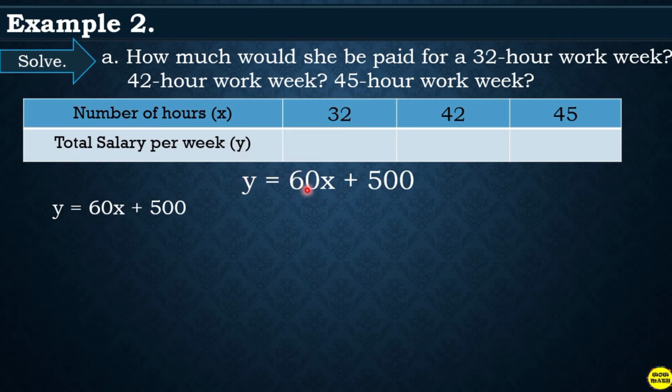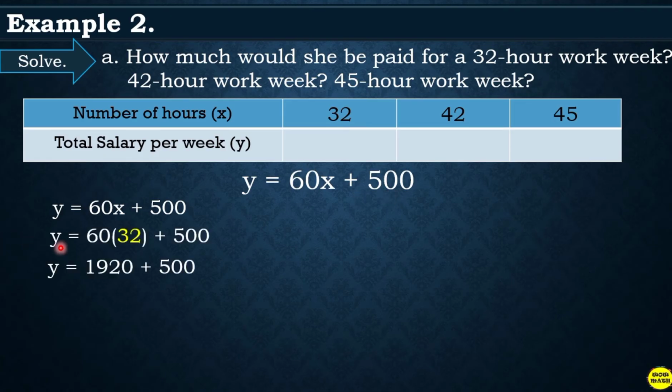And then, yung 60, ito yung bayad sa kanya per hour. Na ita-times natin kung ilang oras siya nagtrabaho, which is your x. So, ito yung oras kung ilang oras siya nagtrabaho sa loob ng isang linggo. Plus 500, ano itong 500? Ito yung additional pay niya for working in the evening shift. Okay, let us substitute. So, we have our 60 times, ilang oras siya nagtrabaho? 32 hours. So, ita-times natin siya by 60 plus 500.